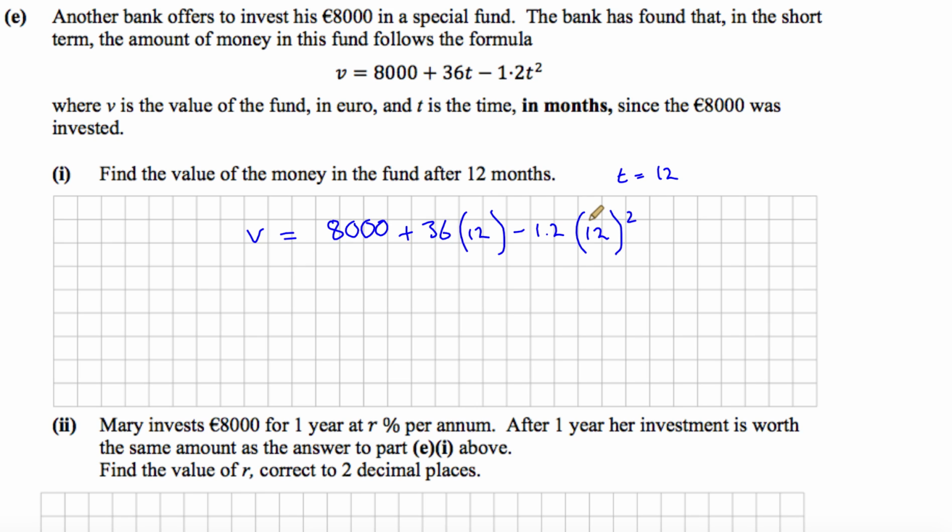So when we put all that in the calculator, that gives us a value of V equal to 8,259.2. And because this is in euro, we can say that's 8,259.20, with 20 cents. So that's the final value of the fund.